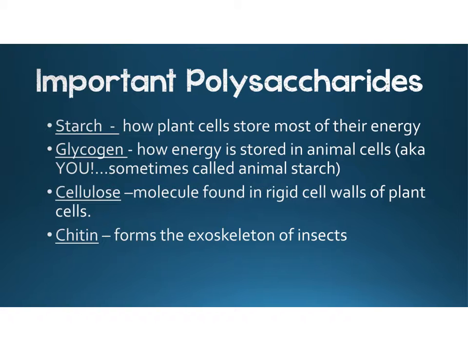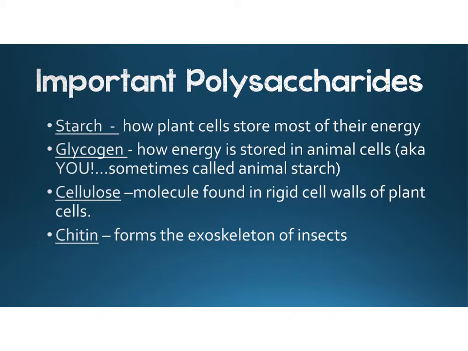Your body is made up of animal cells, and you store your energy in the form of glycogen. Starch and glycogen are a class of carbohydrates that are called storage carbohydrates, meaning that they store energy.